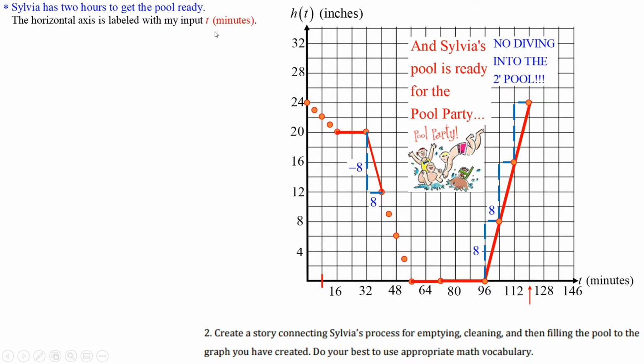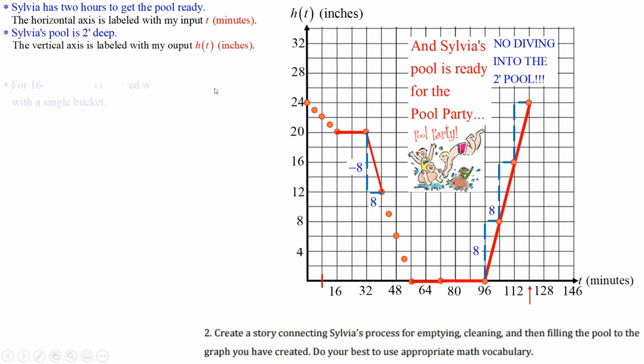And then we were also told that the pool was 24 inches tall, so Sylvia's pool is 2 feet deep, so that's why we labeled the vertical axis with our dependent variable h of t in inches. So the vertical axis is labeled with my output h of t in inches.